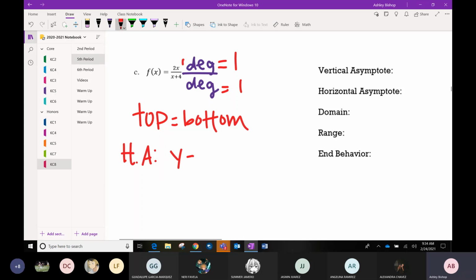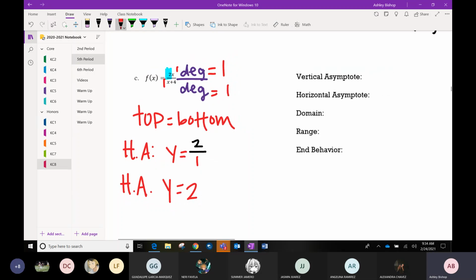So y equals the leading coefficient on top, which is 2, divided by the leading coefficient on bottom, which is 1. The leading coefficients are the numbers in front. So I have a horizontal asymptote at y equals 2 divided by 1, which is 2. Okay, questions on that? We're good at that.